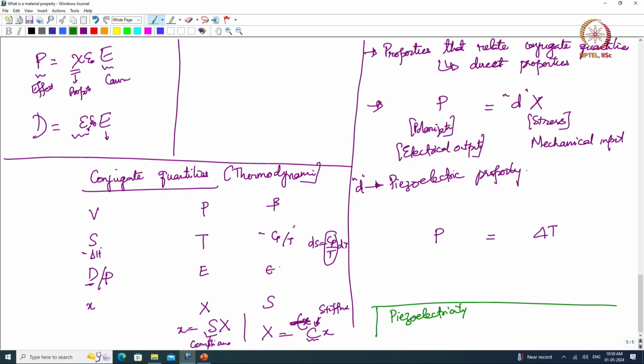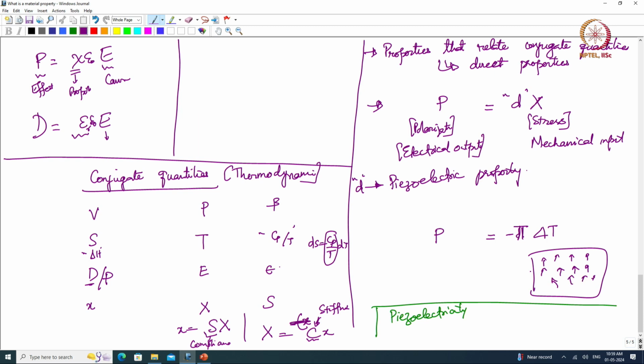Piezoelectricity. Now, what I am going to talk about is, if I change the temperature, the polarization typically reduces, right. So, I have a material which has some polarization. All these are dipole moments, right.